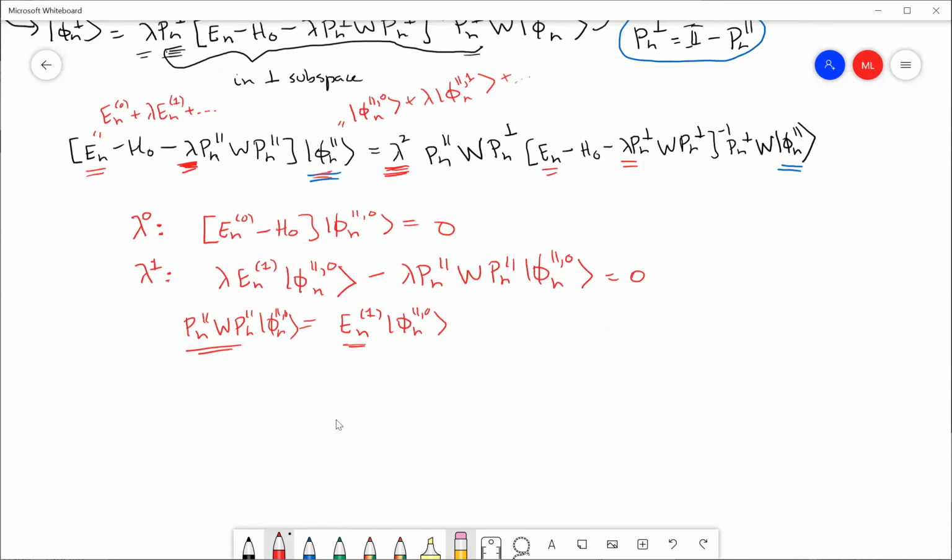Well, that part is just 0 because En0 minus H0 acting on lambda phi n parallel 1 should just give you 0.